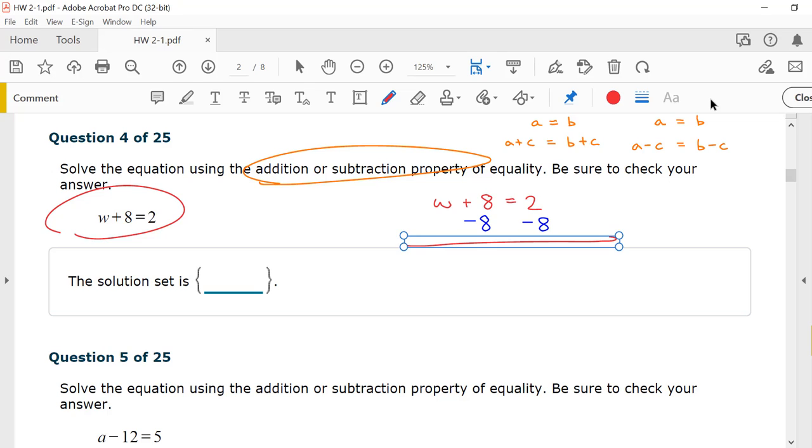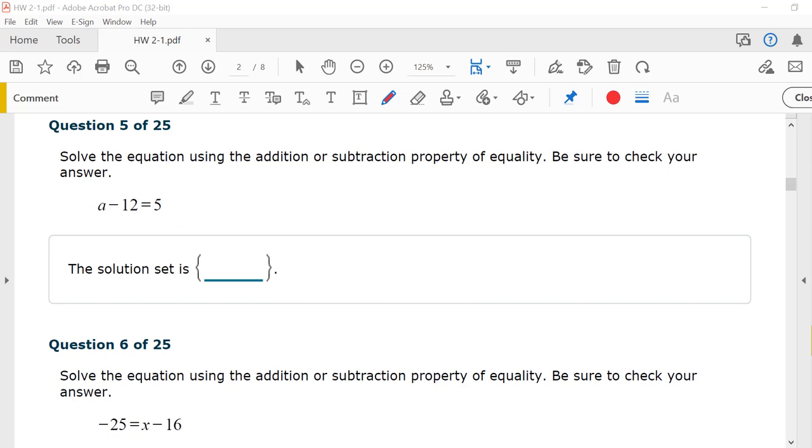When I do that, the 8 minus 8 goes away. All I have on the left of the equal sign is W. Then on the calculator, I can type in 2 minus 8 and get negative 6. So the solution set is negative 6.